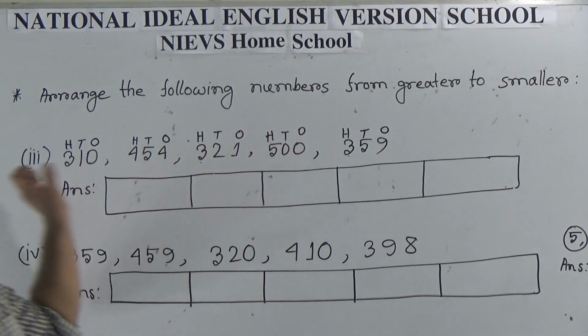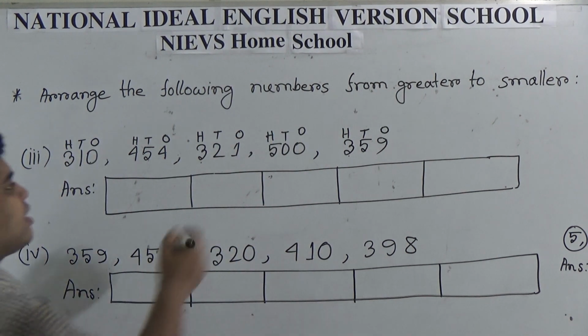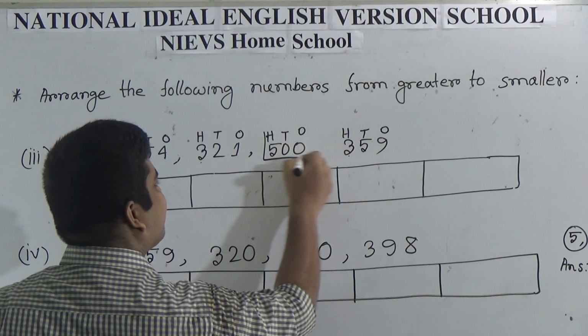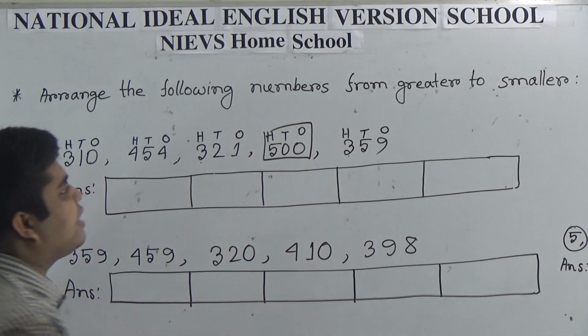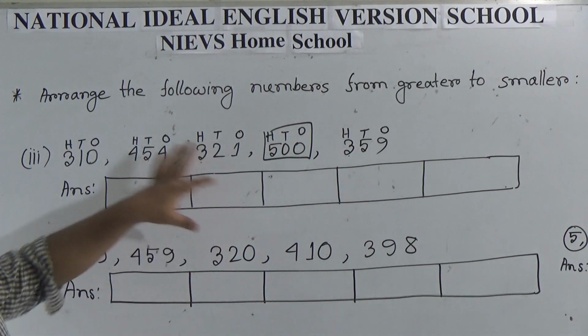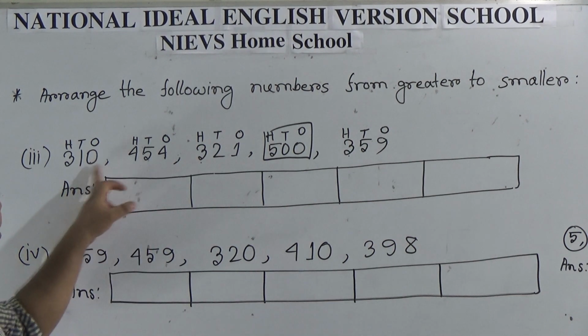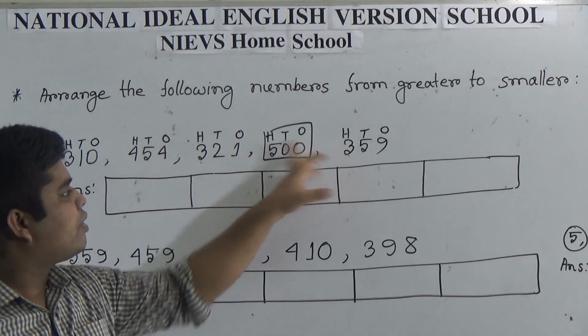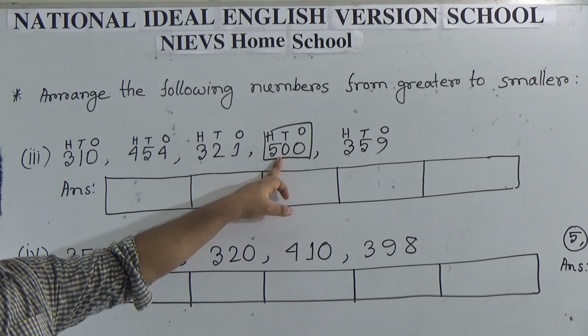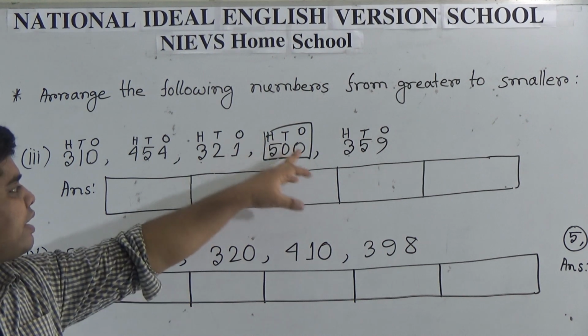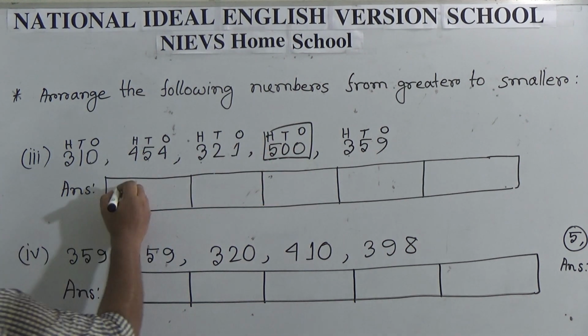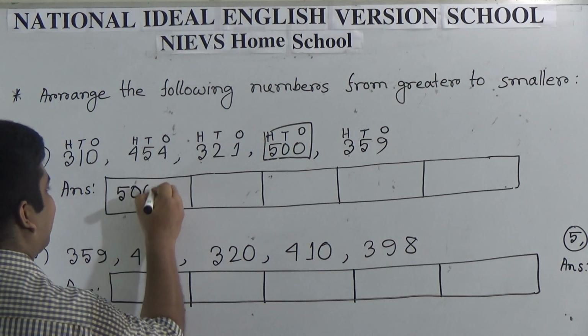So among these 5 numbers we notice that 5 is greater than the other digits. Here 5 is greater. So 500 is the greatest number among the whole, and we write 500.